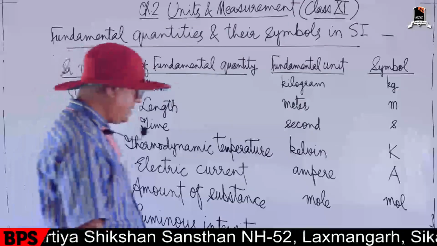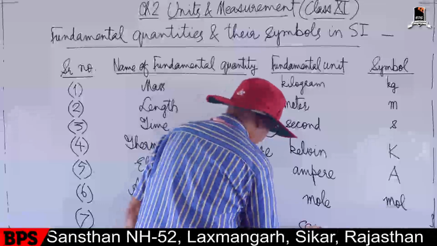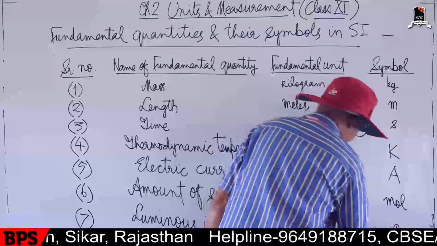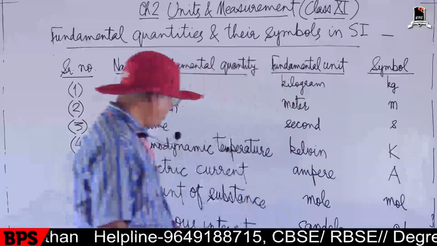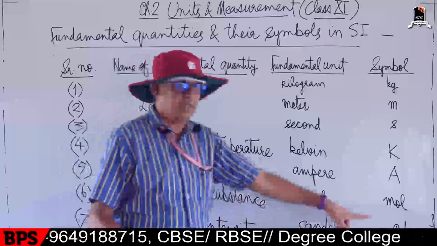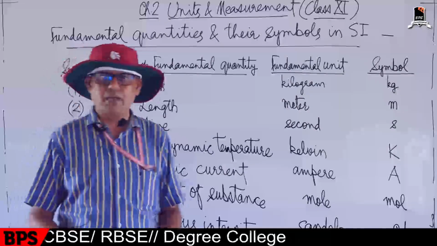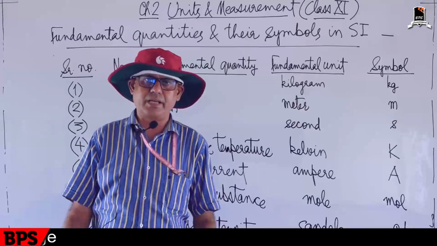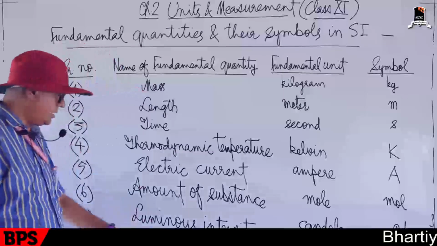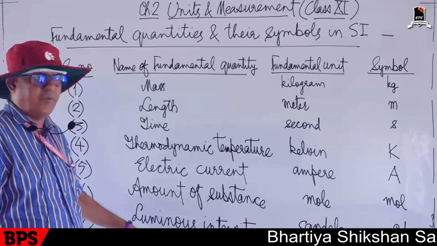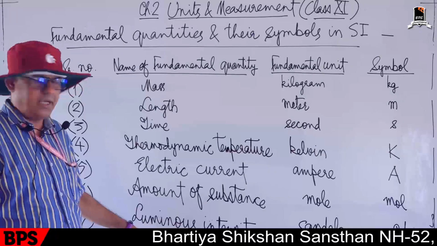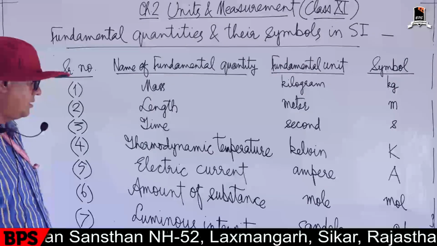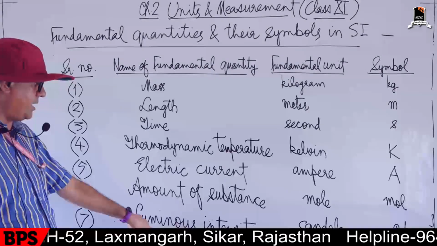Its unit name is candela and its symbol is cd. We will never use this symbol, this quantity in 11th as well as 12th class syllabus because we don't have any chapter which is related with the measurement of intensity of light in terms of candela. So, we will never use this luminous intensity.